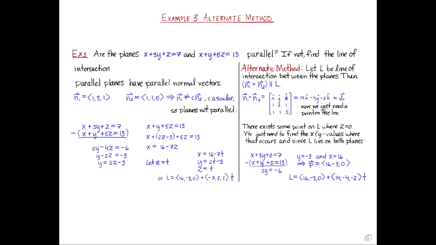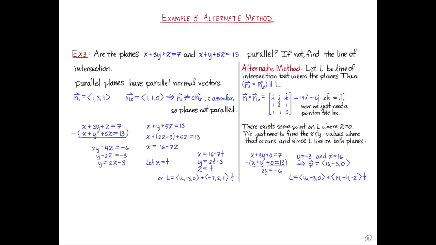And since L lies on both planes, we can sub in 0 for both of the z components and eliminate one of our variables. Eliminating x here and solving for y, we get that y is -3. Subbing -3 back into either of the equations for our plane, we get back that x is 16, giving us the point in vector form 16, -3, 0.